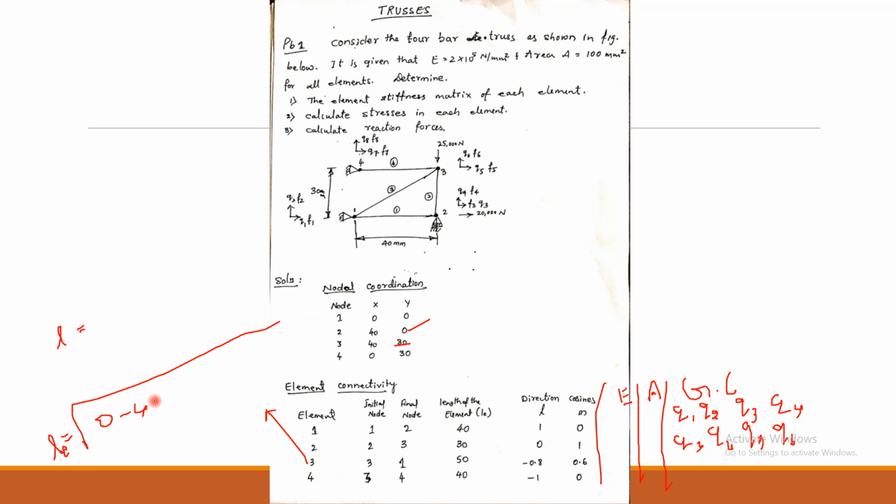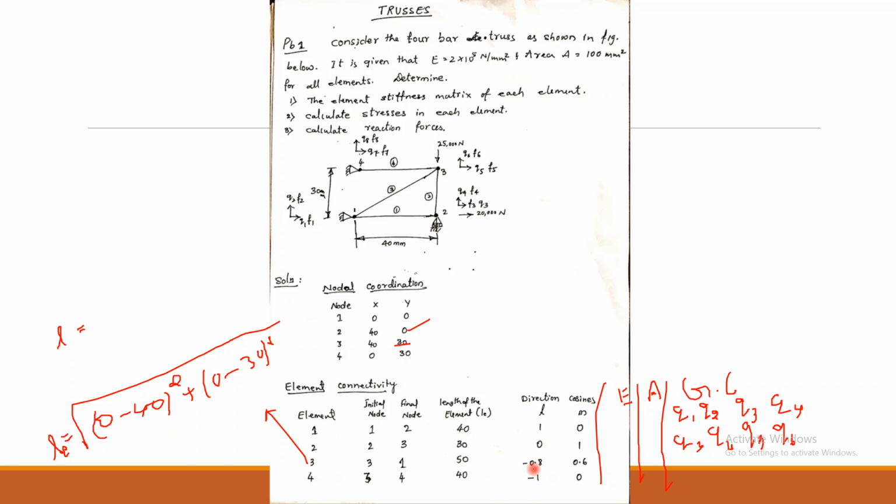So 40 whole square plus y1 minus y3. So y1 is 0 and y3 is 30. Likewise, if you do it, it becomes 50. So 50 mm.